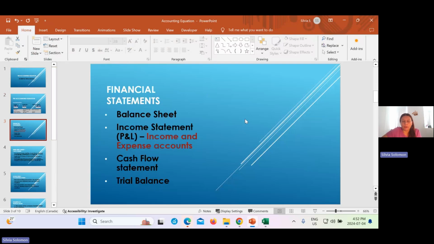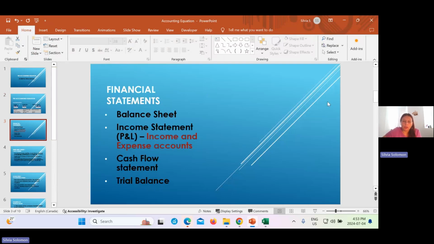We call it that in English sometimes. So this statement is the difference between the total revenue, total income, and the total expenses. So income minus expenses equals profit, okay?